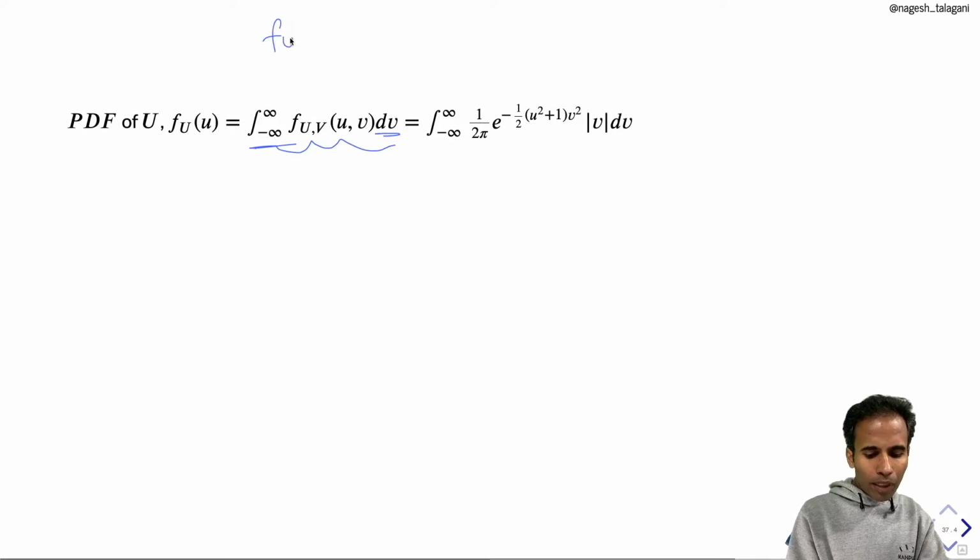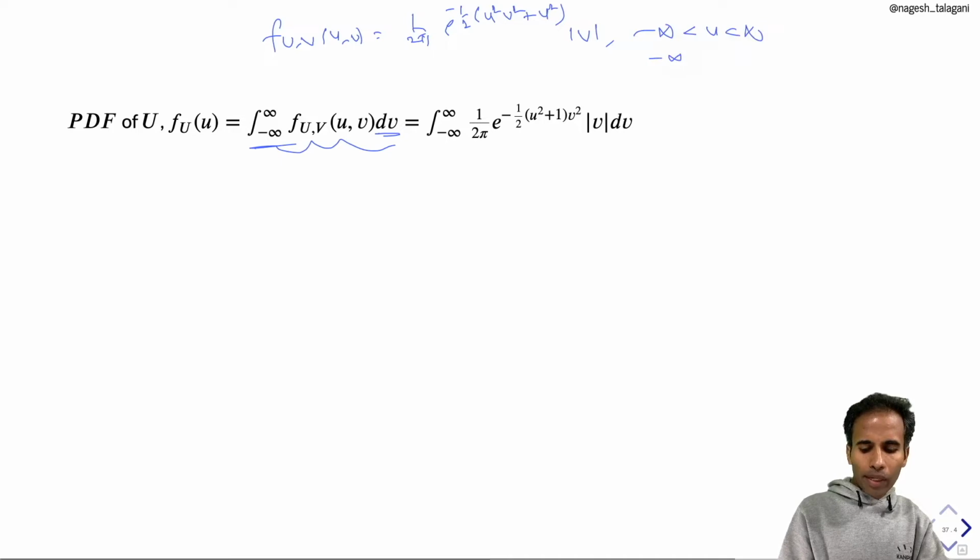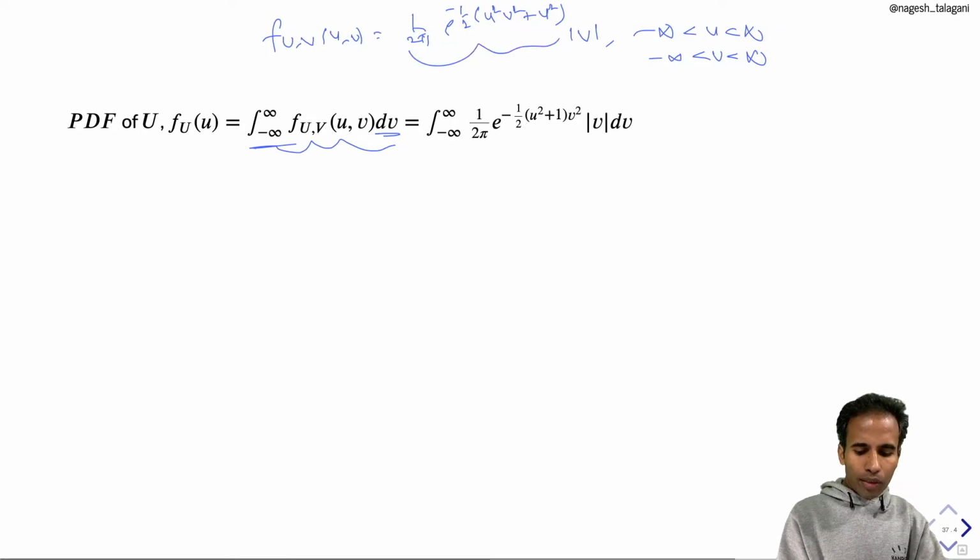What is the joint PDF of uv that we got? 1 by 2 pi e power minus 1 by 2 of u square v square plus v square, times mod v, for minus infinity less than u less than infinity, minus infinity less than v less than infinity. Okay, so we have to integrate this joint PDF, 1 by 2 pi e power minus 1 by 2 of u square plus 1 times v square. Here we are taking v square common, times mod v dv.